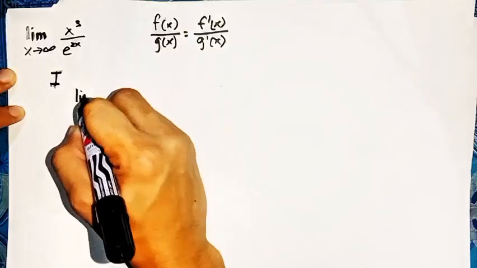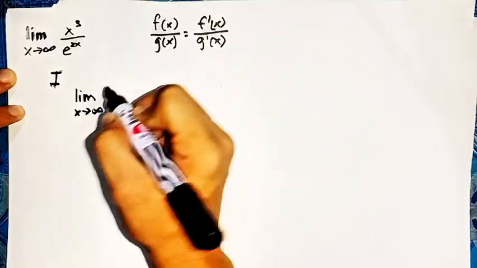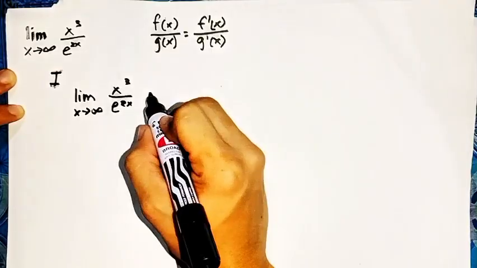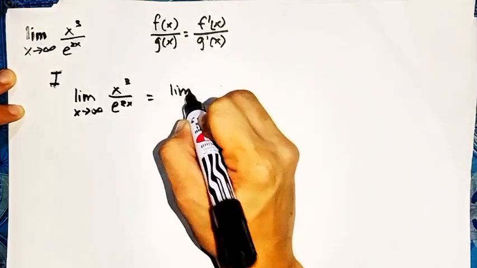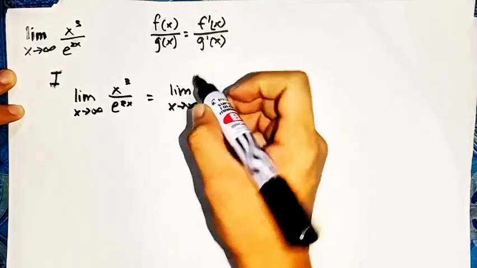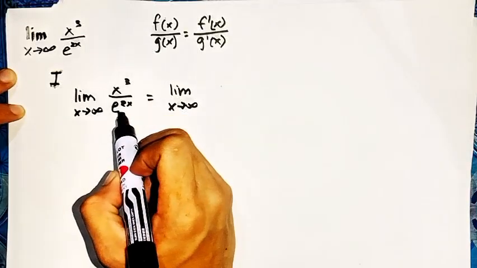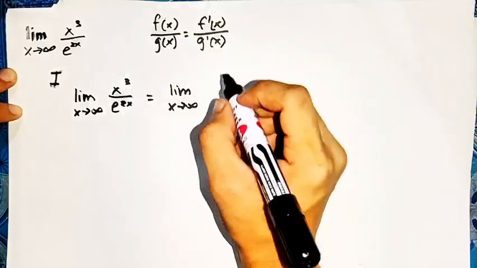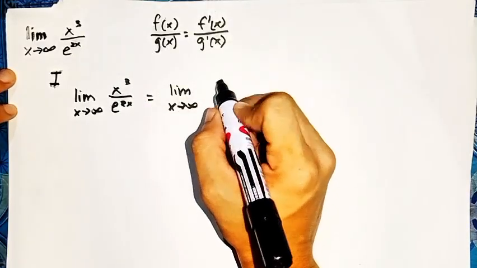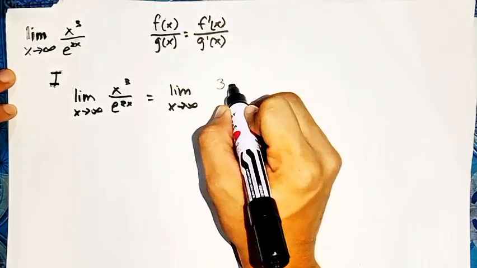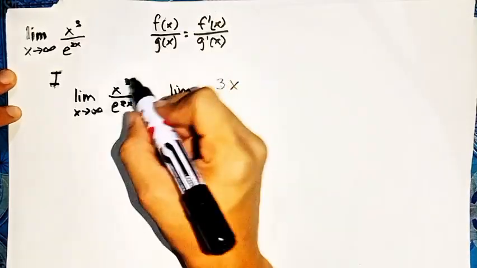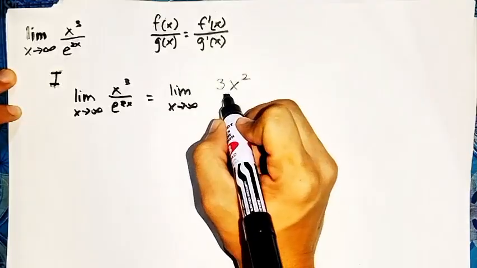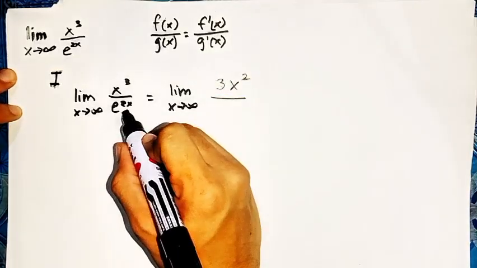So copy limit x approaches infinity, x cubed over e to the 2x. This is our f of x and this is our g of x. So let's find the derivative of x cubed. The derivative of x cubed is 3x, using the power rule, 3 minus 1, which is 2. So 3x to the power of 2 over e to the 2x.